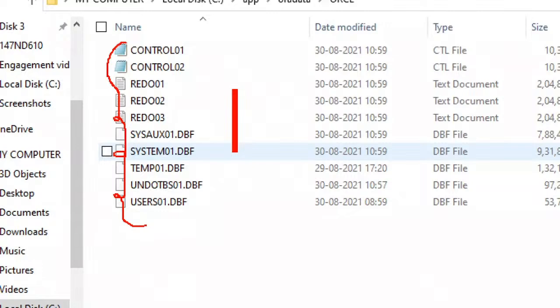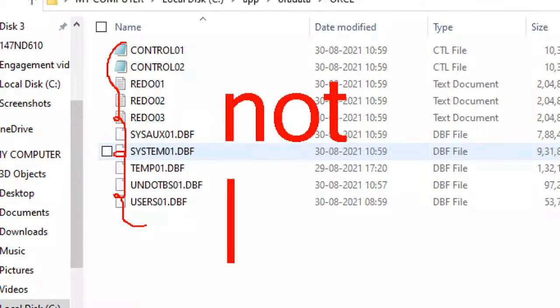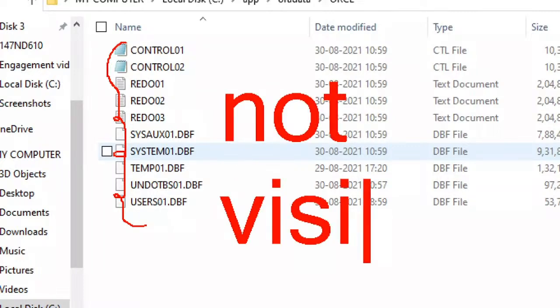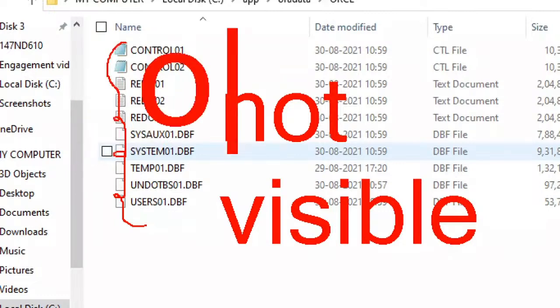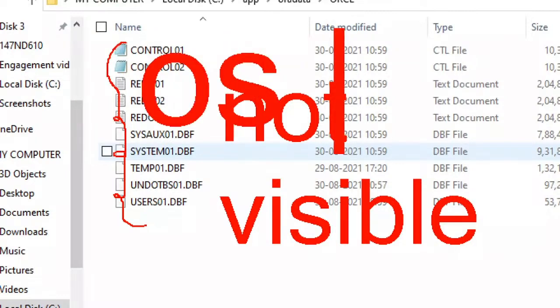But unfortunately, the Z table I'm giving, is that table visible in the operating system or not visible? Very good. Not visible. Tables are not visible in the C drive, D drive.